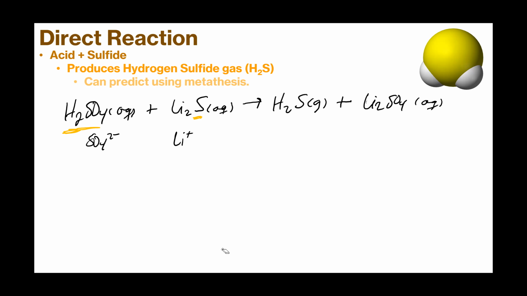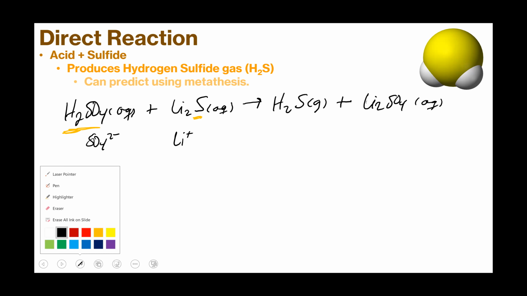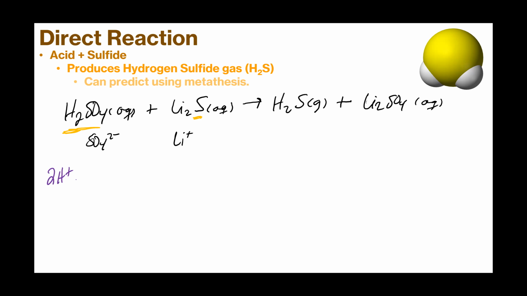From this, we can write the net ionic equation. This is going to be the same idea as we've always done. Take your strong electrolytes and break them down into ions if they are aqueous. So sulfuric acid, strong electrolyte, strong acid, so this is 2H plus aqueous plus a sulfate 2 minus aqueous.